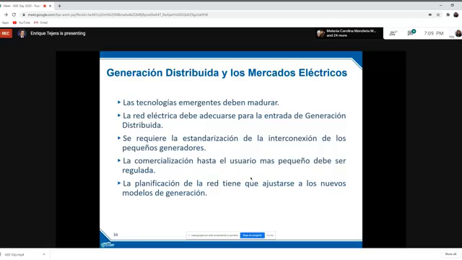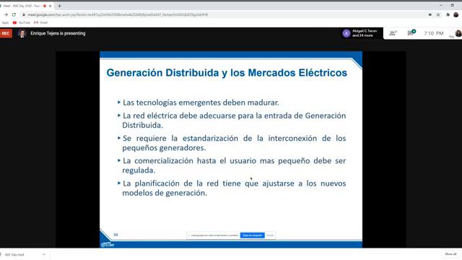Vamos a madurar cómo vamos a manejar los mercados eléctricos, como mencioné en los mercados. La red eléctrica y los mercados también van a tener que adecuarse a esta generación. ¿Cómo vamos a manejar esos cambios?